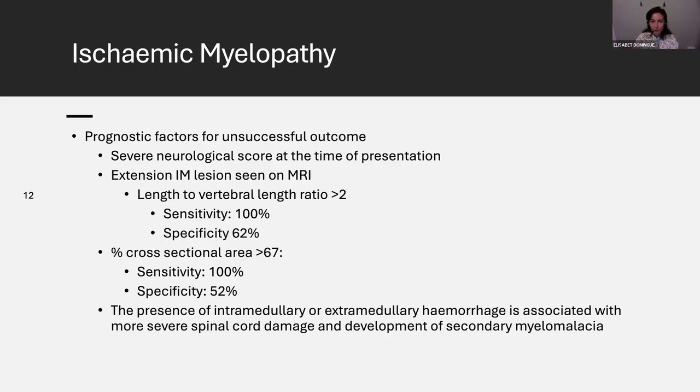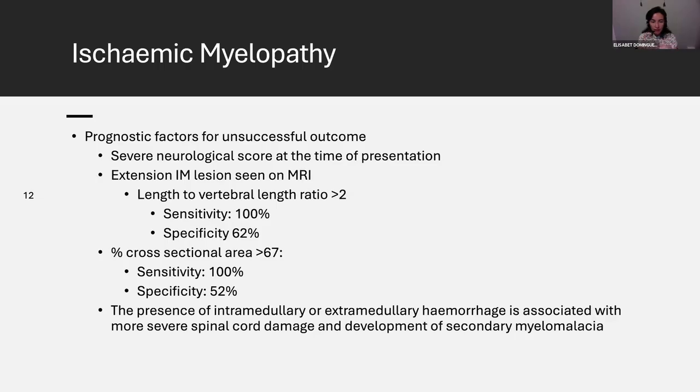So we know that some patients who, at the time of presentation, have a severe neurological score have a higher probability of an unsuccessful outcome, which means that they don't recover from that lesion. Using MRI, we can also compare the extension of the intramedullary lesions, both the extension in a sagittal plane and the cross-sectional area of the spinal cord that is affected.